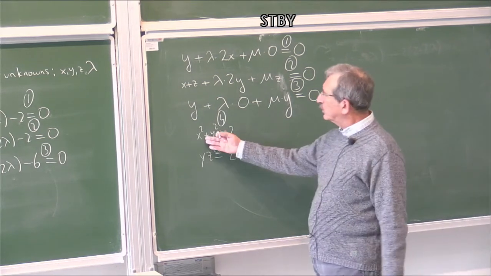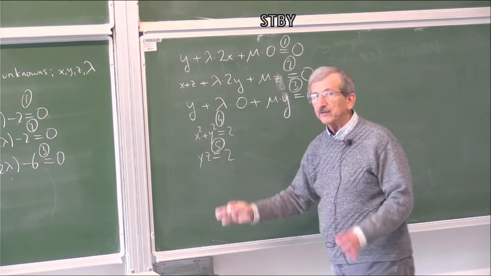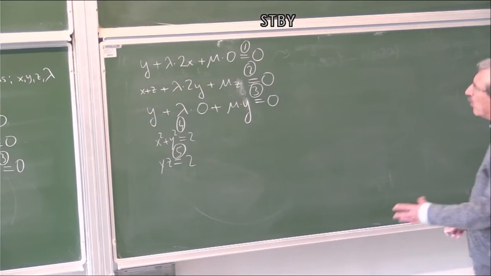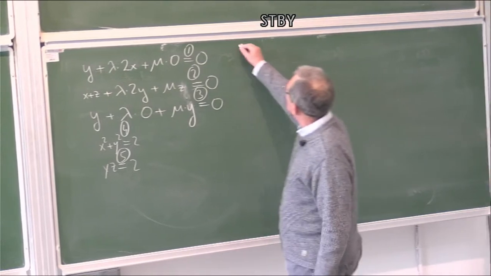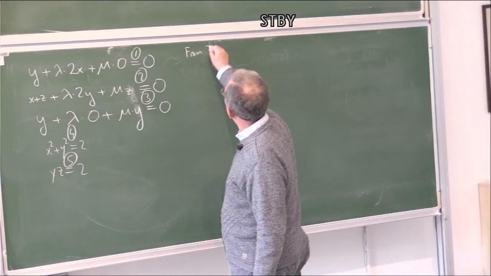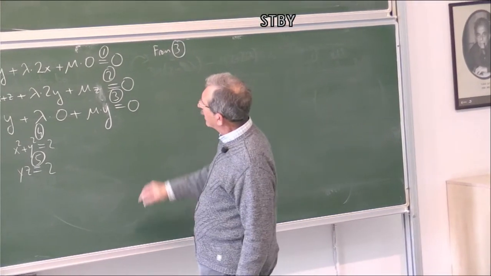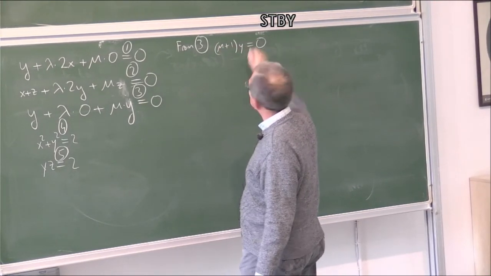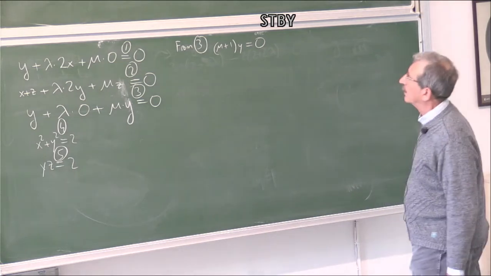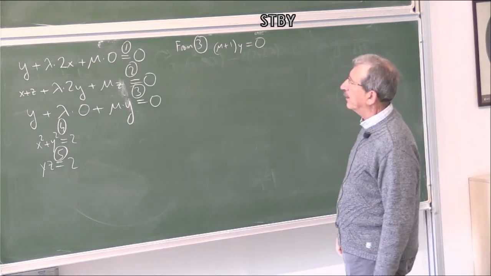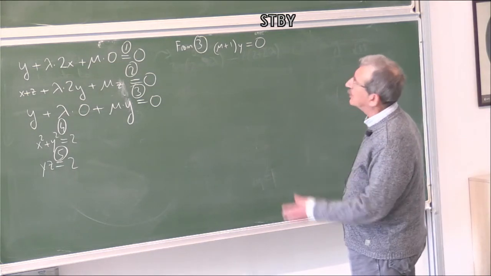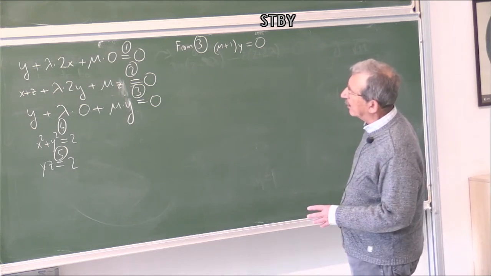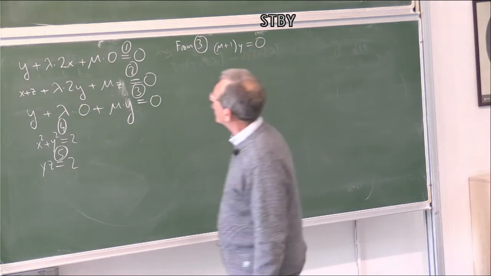And of course, some of them are not linear equations. But we observe a few things. For example, from 3, we get mu plus 1 times y is 0. Now, if y is 0, what do we get?